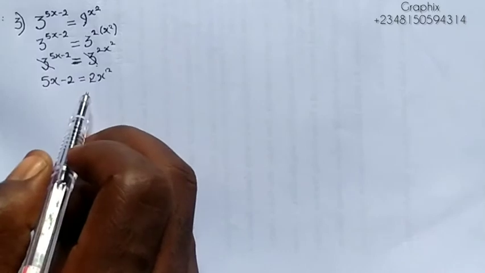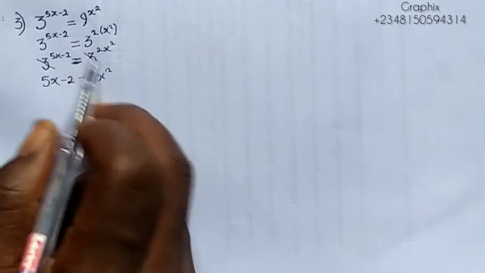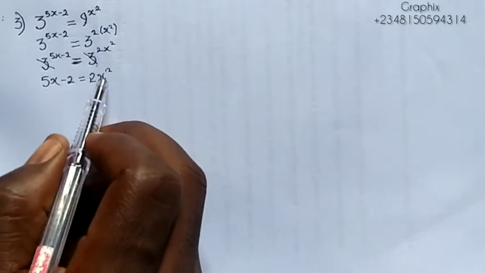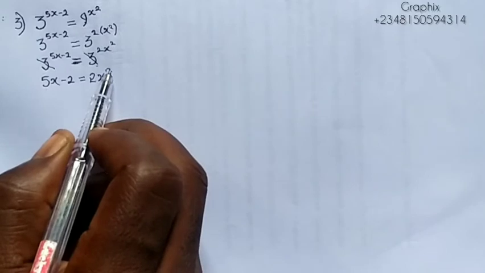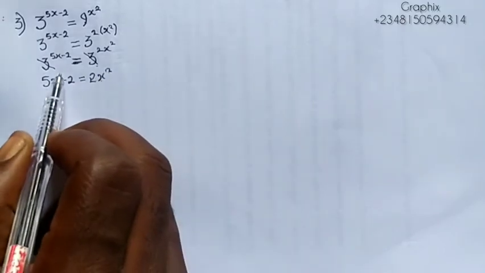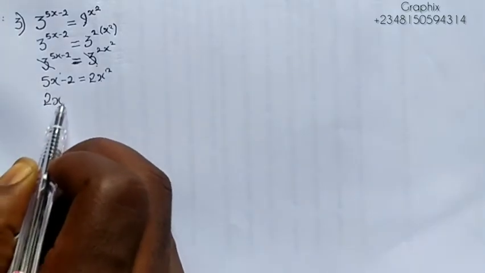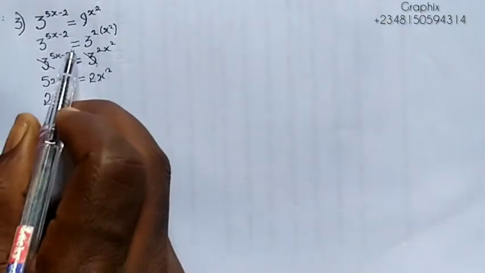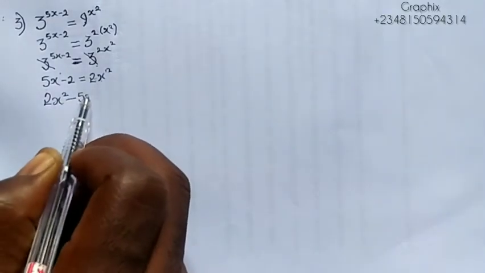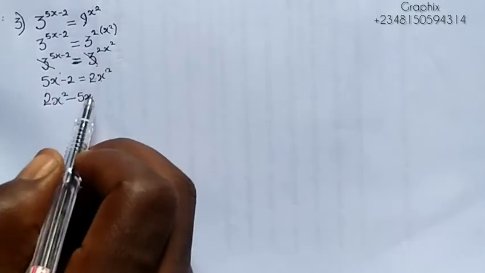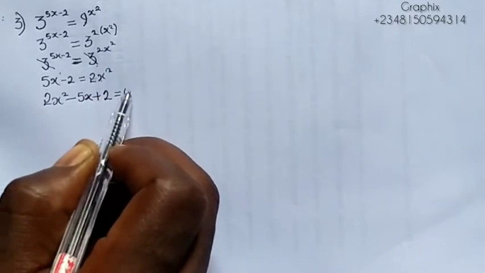Now as it is this way, you collect like terms, but in this case there are no like terms here, so I can move everything to one side. Since the x in 2x squared has the bigger degree of 2, and this x has a degree of 1, we write 2x squared, then minus 5x, and plus 2 equals 0.